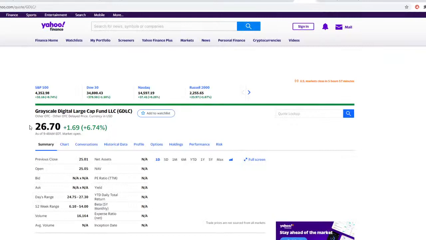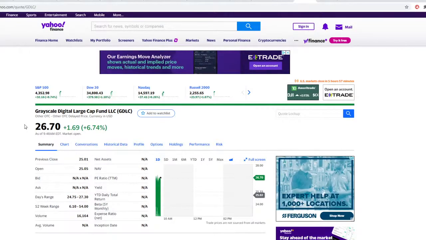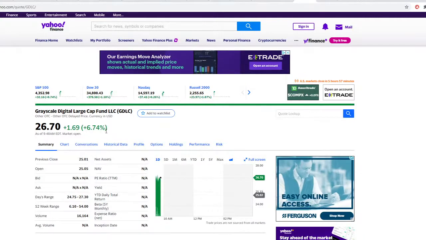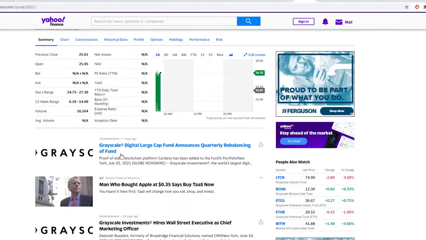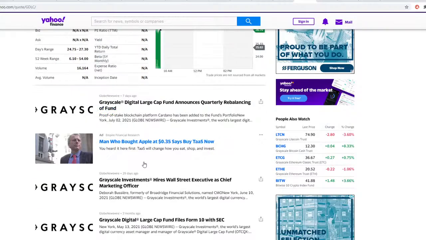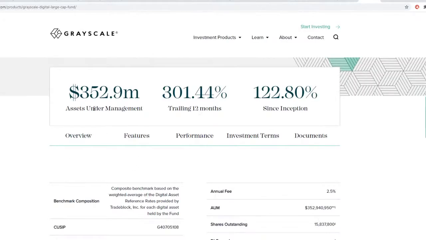Basically, trading last was about 2670 on the quote, but the real quote is about 2582. This is delayed Yahoo updates, but the fund is a pretty impressive fund, and it's doing all the right things. It's got 352.9 million under management.